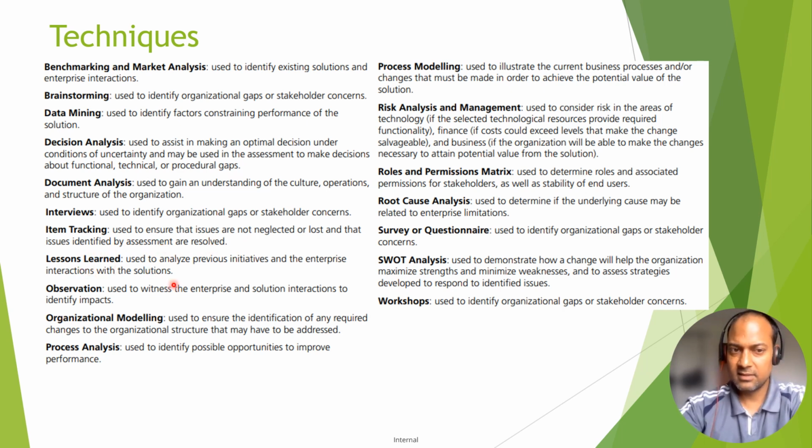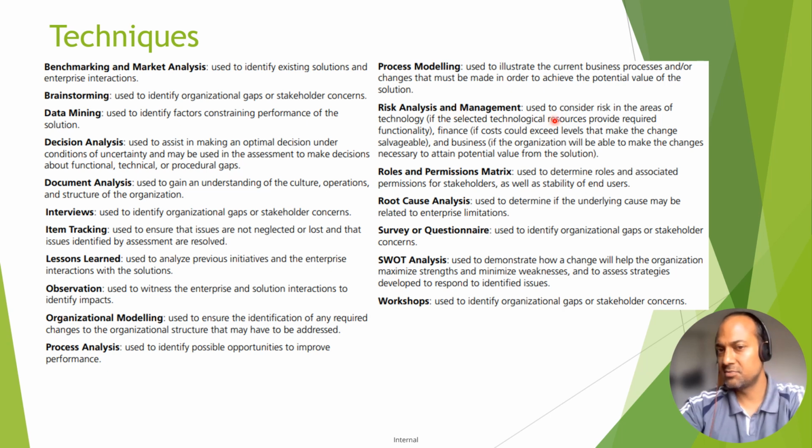Then we have lessons learned used to analyze previous initiatives and the enterprise interaction with the solution. Observation used to witness the enterprise and solution interactions to identify impacts. Organization modeling used to ensure the identification of any required change to the organizational structure that may have to be addressed. Process analysis used to identify possible opportunities to improve performance. Then we have process modeling used to illustrate the current business processes and or change that must be made in order to achieve the potential value of the solution.